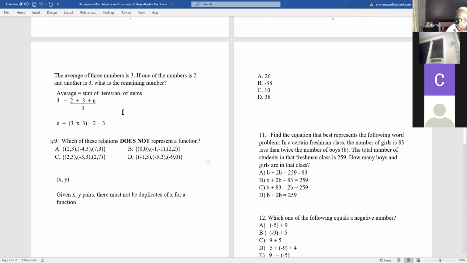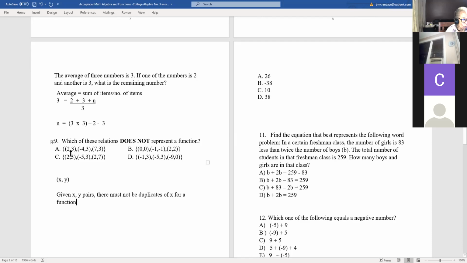So back up here, that's x2, y3, x minus 4, y3, x7, y3. Here, x0, y0, x minus 1, y minus 1, x2, y2.